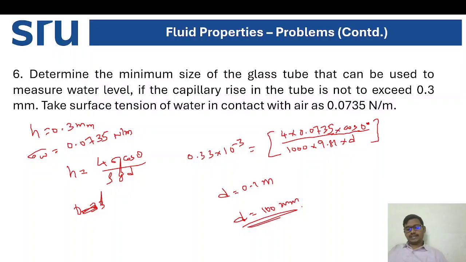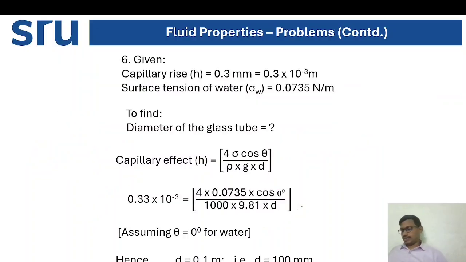Now we will see clearly in a written format. They have given capillary rise H is equal to 0.33 and sigma is equal to 0.0735 Newton per meter.